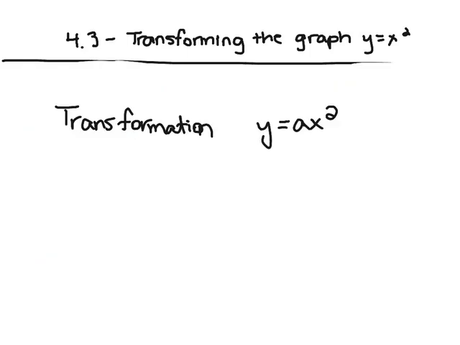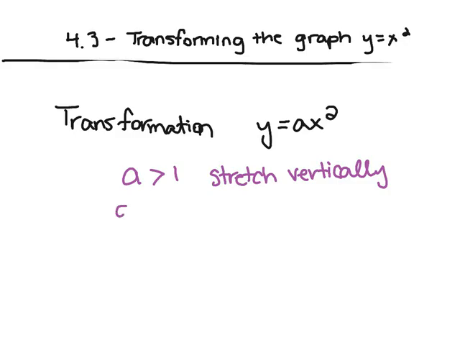So for our transformation, y equals ax squared, when a is greater than 1, so anything bigger than 1, it's going to be stretched vertically. When a is less than 0, it's going to be reflected across the x-axis.